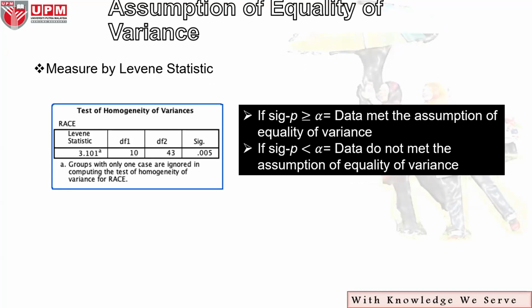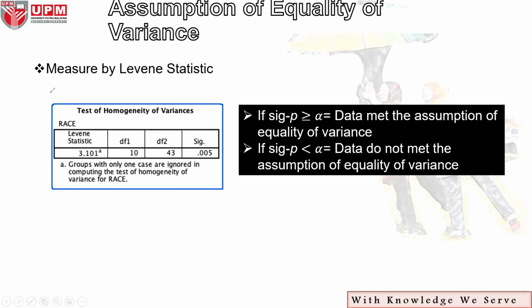Again, this is a statistic we use or report before we are able to run the analysis that requires comparison. So we report the assumption of equality of variance, or homogeneity of variance, through Levene's statistic. Levene's statistic is similar to Kolmogorov-Smirnov and Shapiro-Wilk.